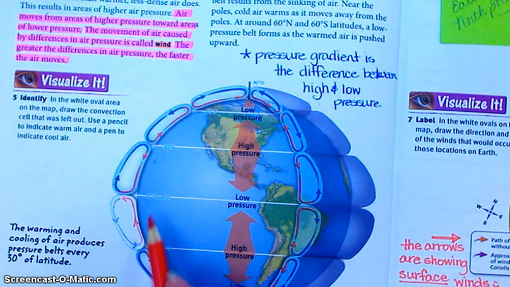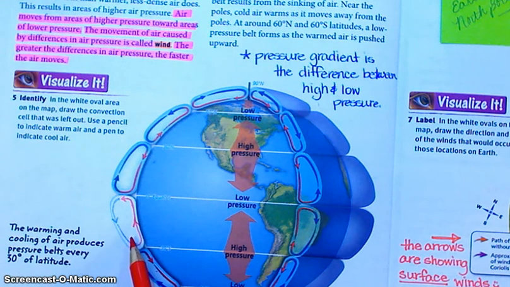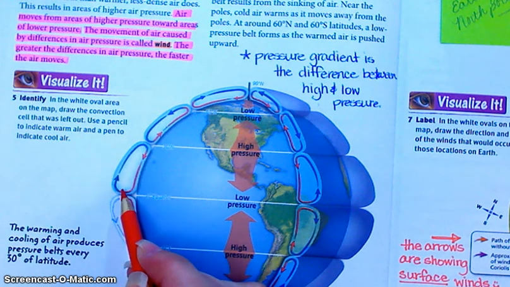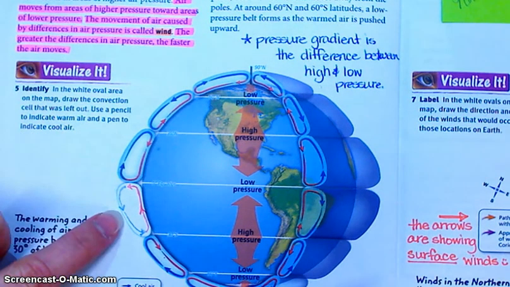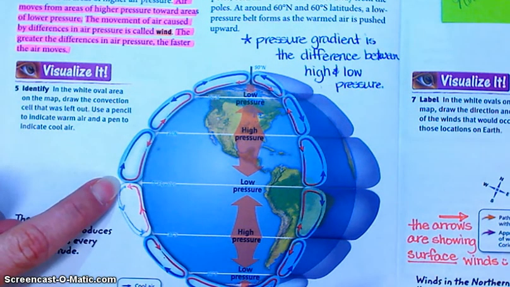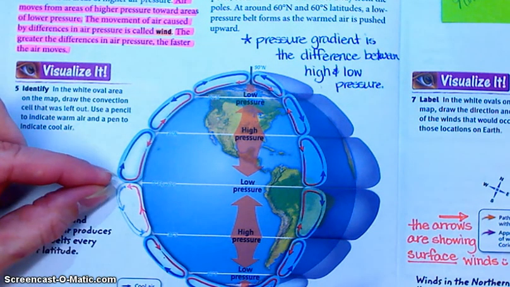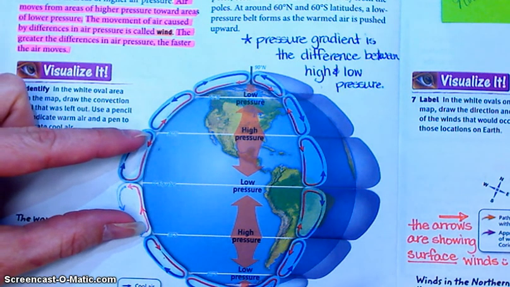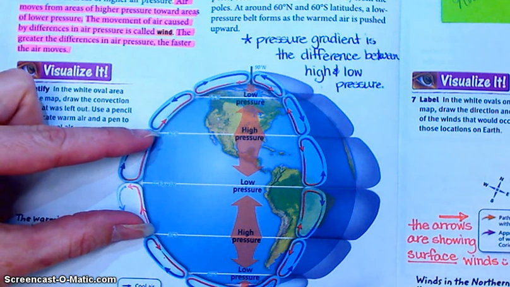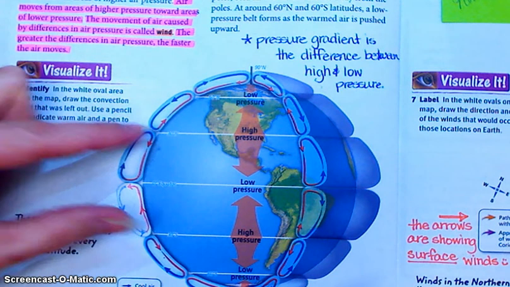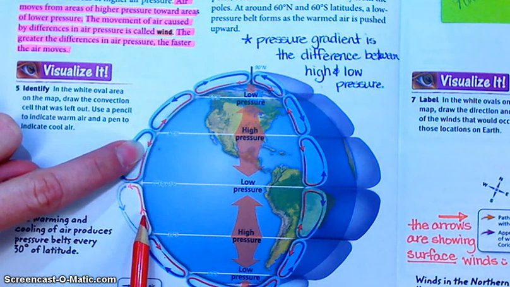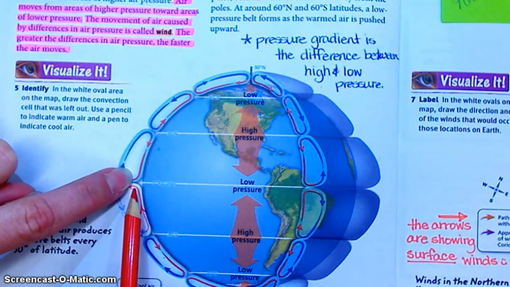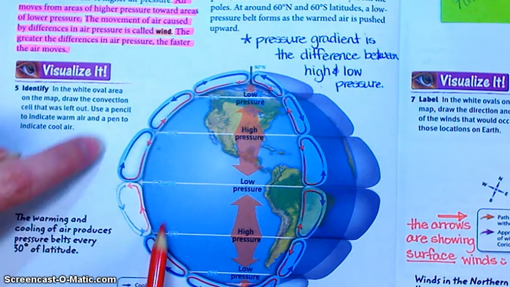So this is one convection cell that's set up. Here's its matching convection cell. Okay? So we have a convection cell with warm air rising at the equator. That air moves to either about 30 degrees north or 30 degrees south, sinks at 30 degrees north or south, and then moves along the surface back to the equator where it's heated and recirculates. Okay?